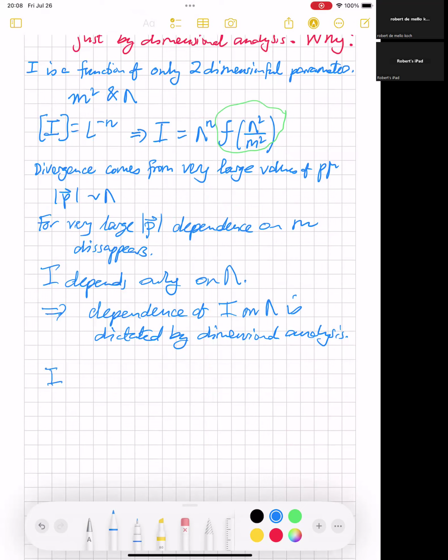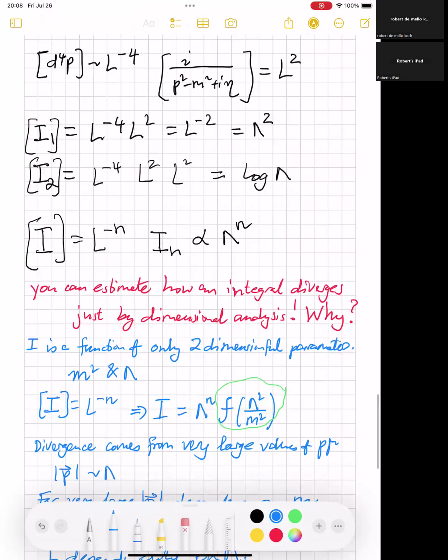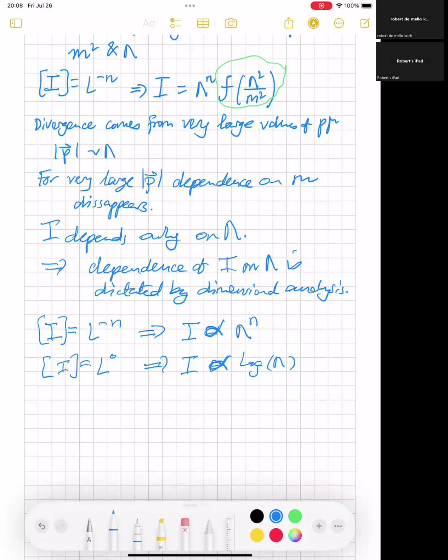So if your integral was like length to the minus n, you know absolutely that I will behave as lambda to the n multiplied by some constant. And perhaps the only odd one out, let me just stress, of course, if I is L to the naught, it means that I behaves like log of lambda, or proportional to log lambda. And you can check it. You know how to estimate the size of the integrals just by Wick rotating and then moving to a radius and an angle. So you can go ahead and check if this conclusion really is true. I've just explained to you why that conclusion is true.